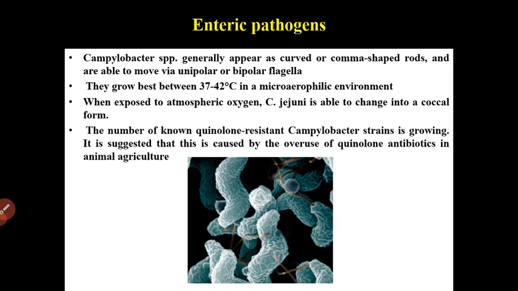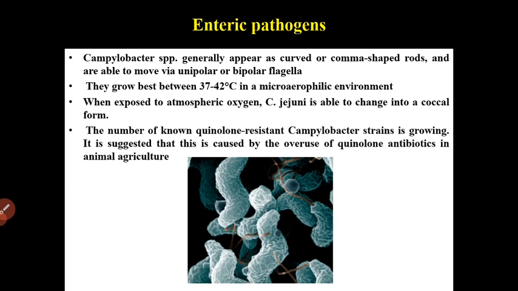We have already seen its morphological characters. They are curved, comma-shaped rods, motile, and move via unipolar or bipolar flagella. They grow best at 37 to 42 degrees centigrade in a microaerophilic environment. Okay?